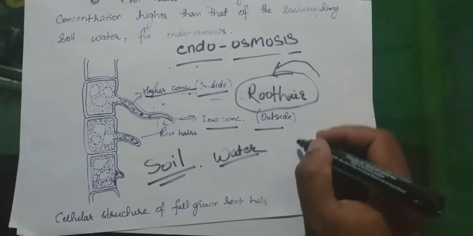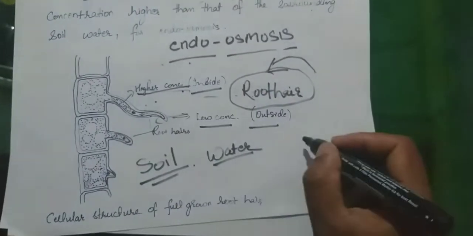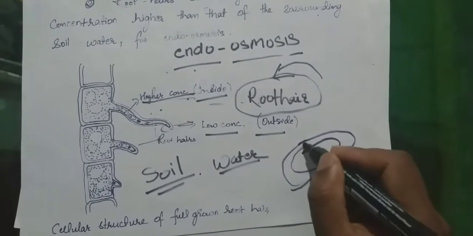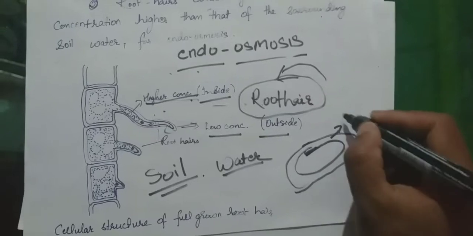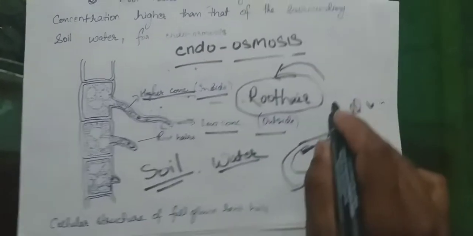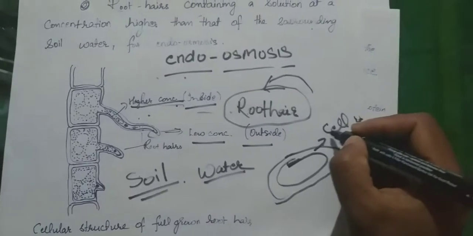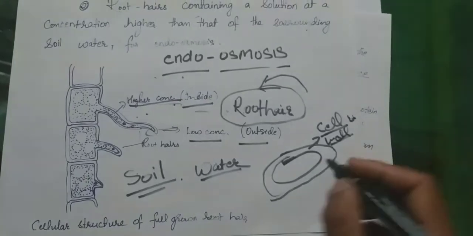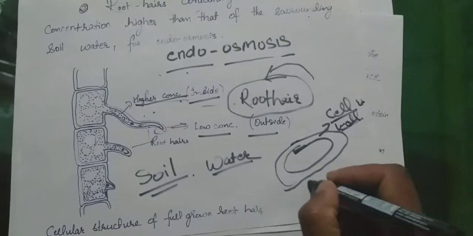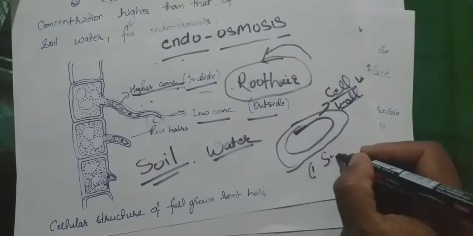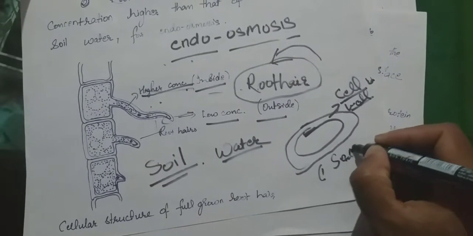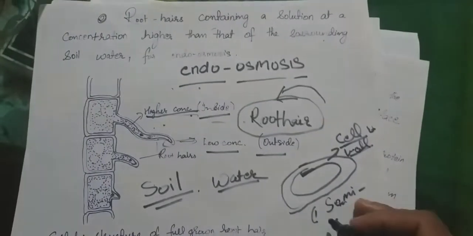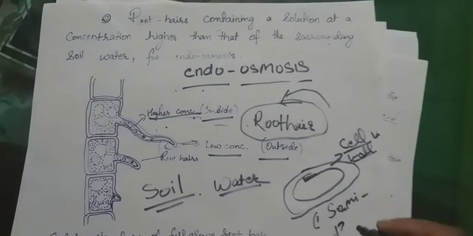So we know the root hair is actually a cell, and we know a plant cell has two types of membrane. The outer membrane is known as the cell wall, which we have already learned about. It is very hard.